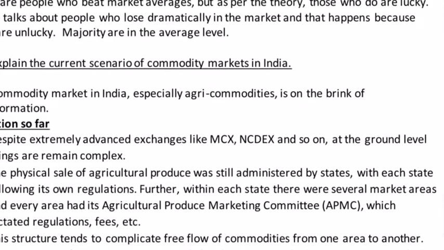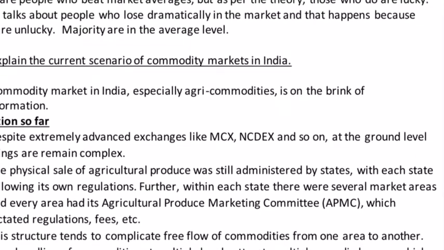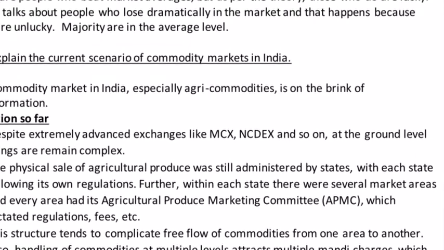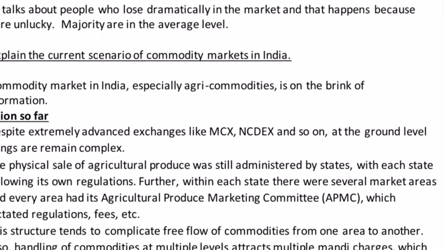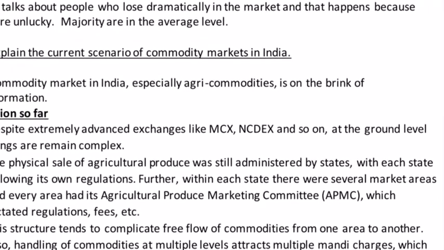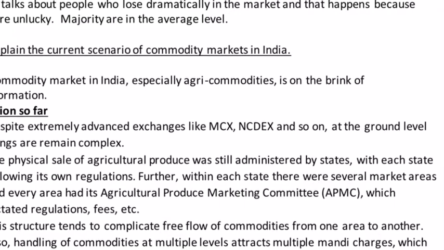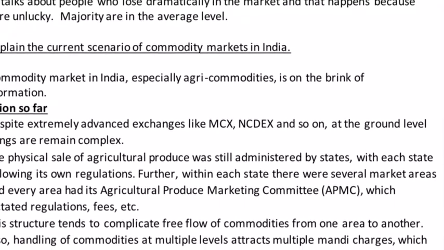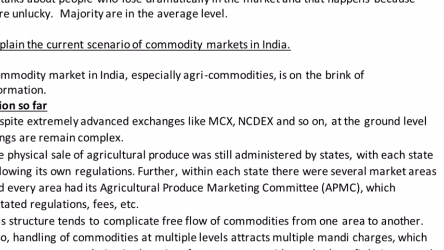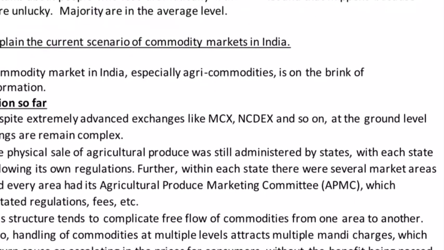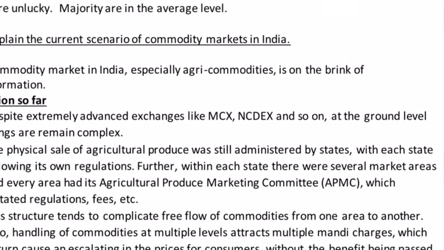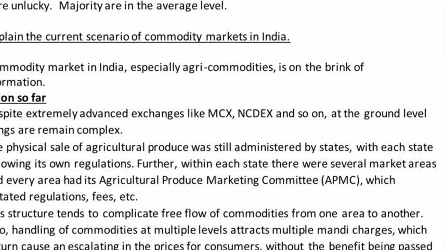Agricultural Produce Marketing Committee. And the APMC used to dictate its own regulations, its own fees, and so on. So at the ground level, we have the state's regulation, and within each state different areas, each regulated by an APMC, which again had its own fees, its own regulations.